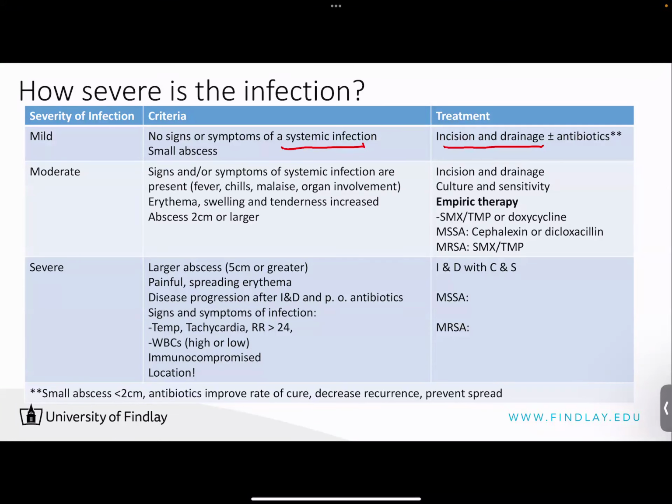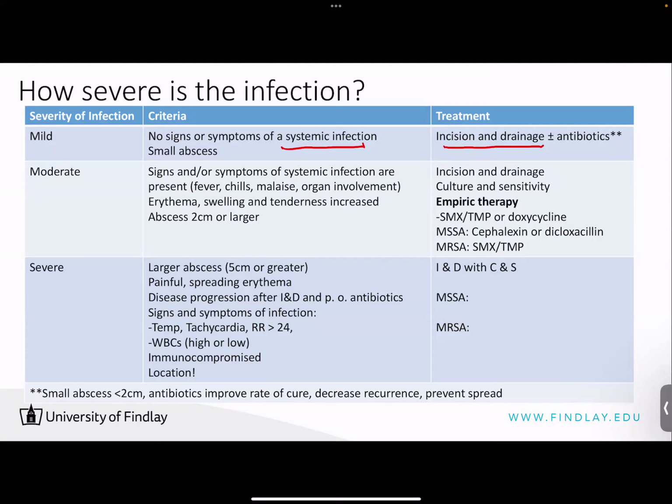Historically, incision and drainage alone would be adequate, provided it's not a big lesion, 2.5, 3 centimeters in diameter. That gets to the point where you might want to start thinking about antibiotics. But for a small lesion, otherwise healthy individual, mild infection, incision and drainage alone would have been just fine.